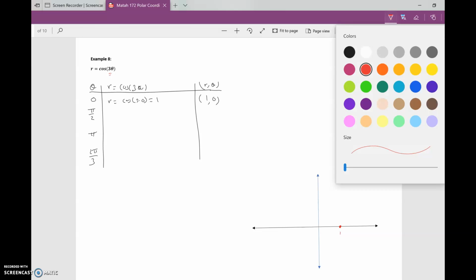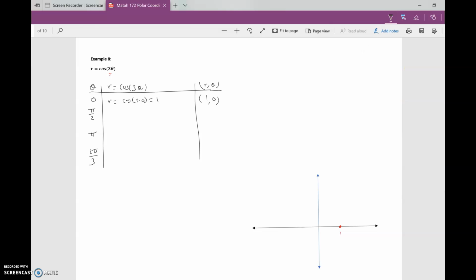The second one is at pi over 2. So this will be r is equal to cosine of 3 times pi over 2. And I'm getting that this is 0. So technically 0 and then pi over 2. So we're looking at, well, the origin.